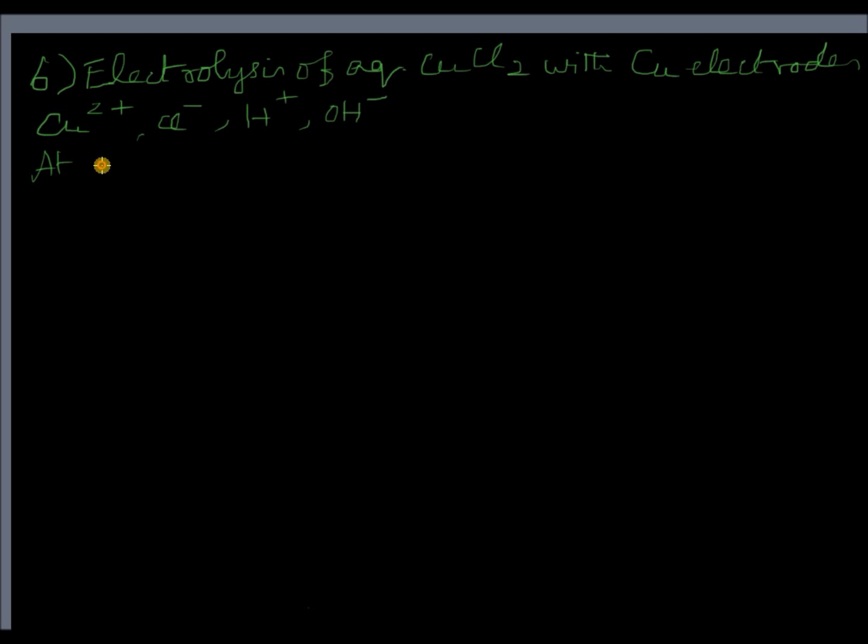At the cathode, the two ions that would be competing for reactions would be copper ions and H plus ions, and you know the E naught values of the copper ions and that of reduction of water, and obviously the copper ions, having higher reduction electrode potential, would be discharged at the cathode. I don't have to explain once again, it's very clear to you, already we have discussed it in a few cases.